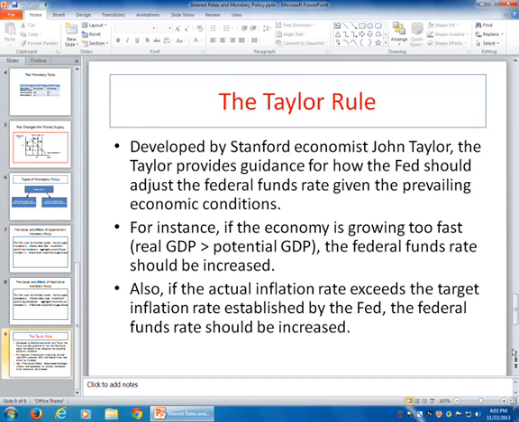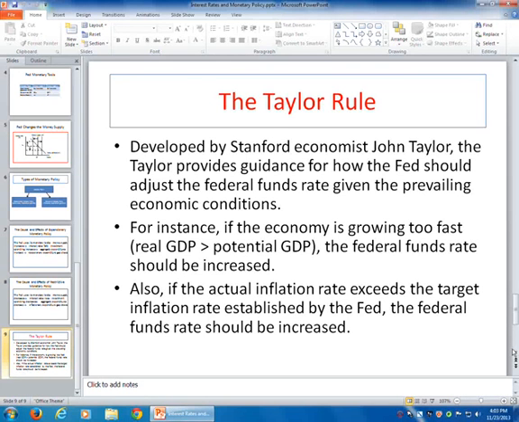Again, the Fed is not required to listen to John Taylor or anyone, but these guidelines have been pretty clever in the sense that they kind of tracked the Fed's behavior when it comes to the federal funds rate. And so the Taylor Rule is really just guidelines that the Fed could adhere to in its quest to properly set the federal funds rate.